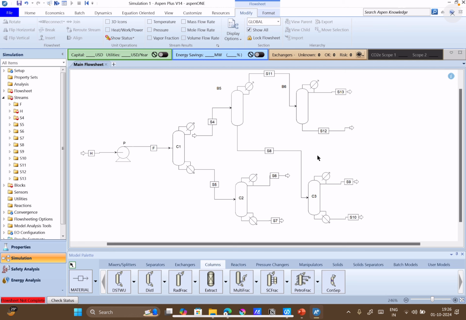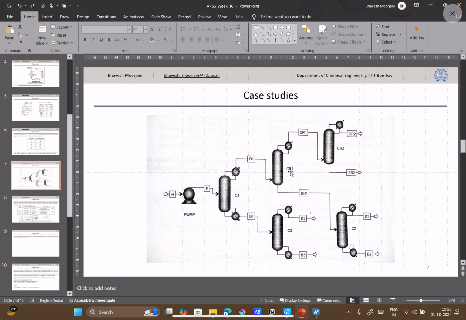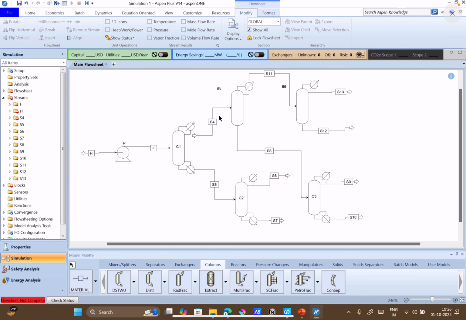Okay, then we have for this notation CR1, CR2, and corresponding D1, D3, D2. Okay, so let's say, this is distillate 1, bottom 1.